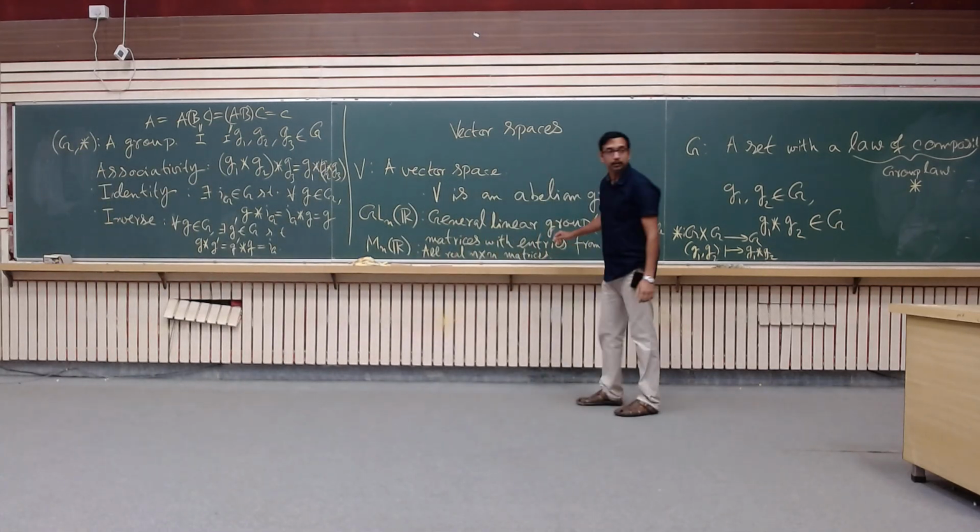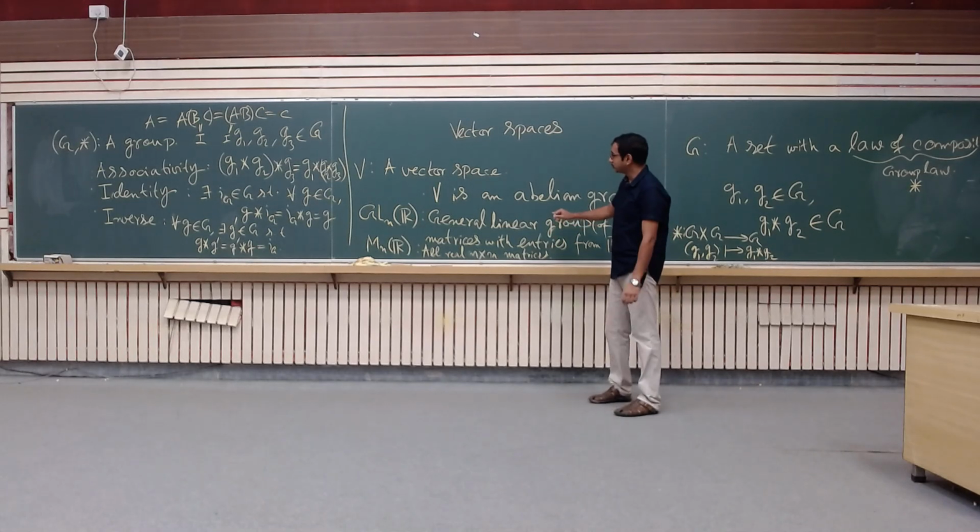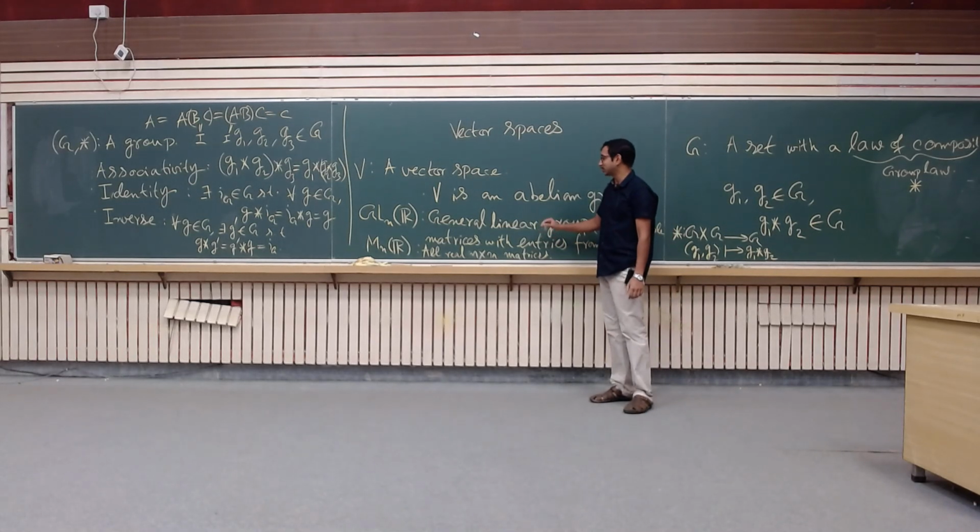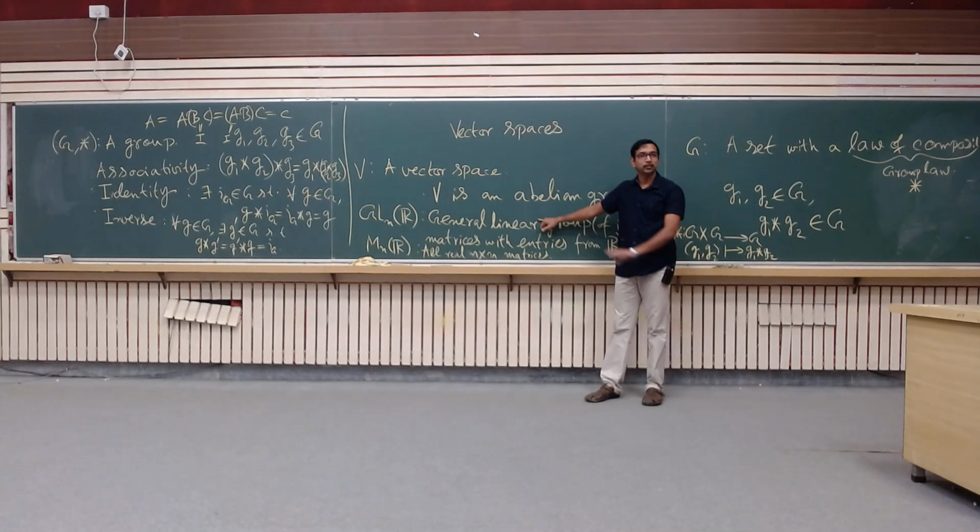Now, both these groups have a difference. This is a multiplicative group, defined with respect to multiplication. And this is a group as well, but it is the additive group of matrices. You can add two n-cross-n matrices with real entries to get another matrix with real entries.